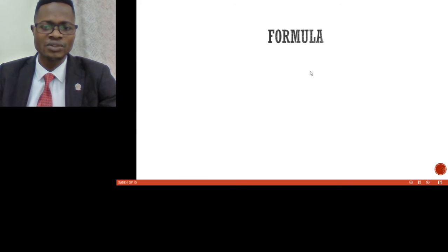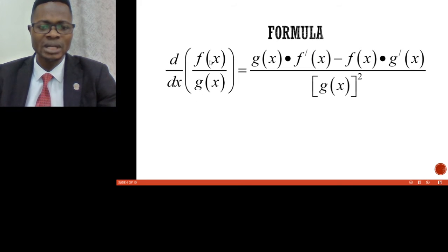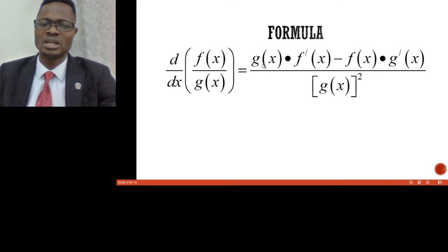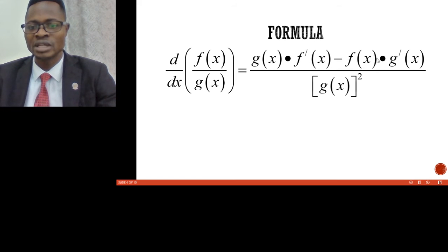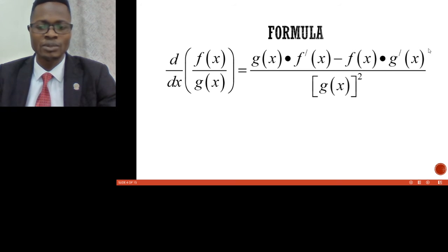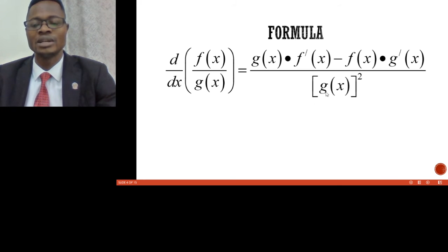The formula is that we use g of x, which is the denominator, multiplied by the derivative of the numerator, which is f prime of x, minus f of x multiplied by g prime of x, all divided by g of x squared.